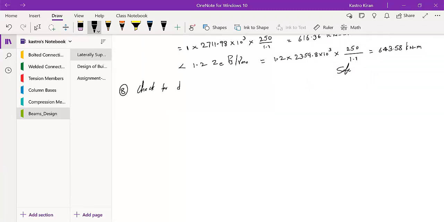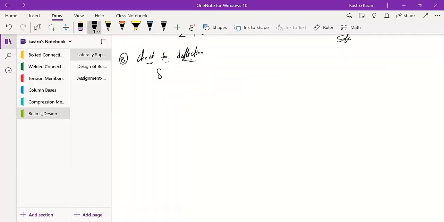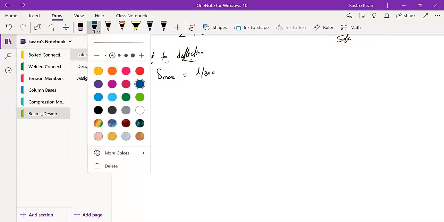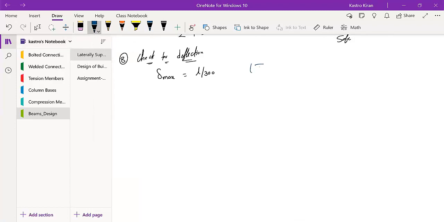Check for deflection. So you know the permissible deflection and the maximum deflection. What will be the maximum deflection? It is delta max equals L by 300. How is this value obtained? It is coming from Table 6 of IS 800:2007.